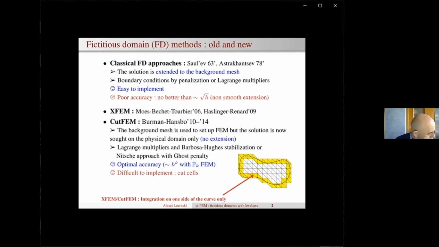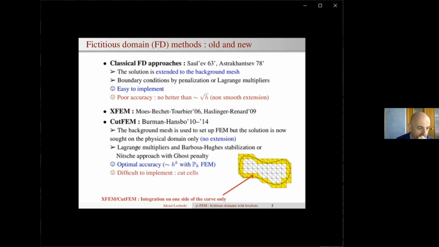We have now more recent, more elaborate, more accurate methods like XFEM or CutFEM, where the background mesh is still used to set up finite element approximation. But no extension is supposed for the solution outside of the physical domain.